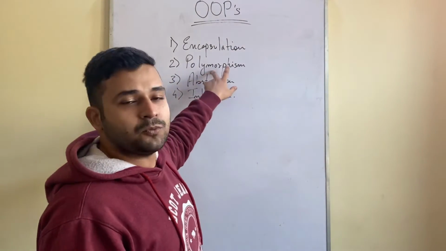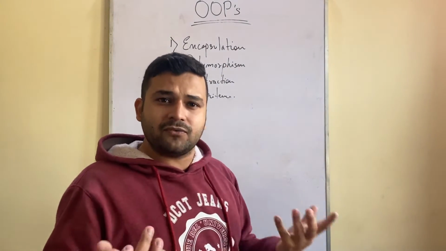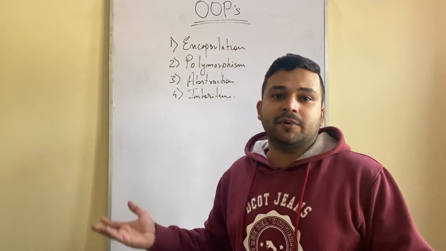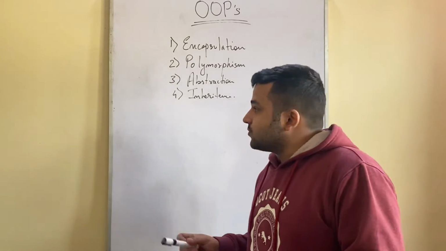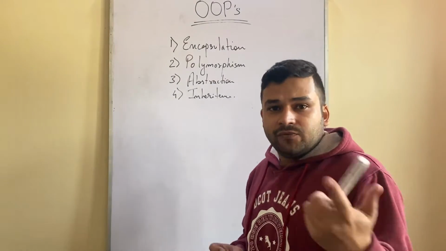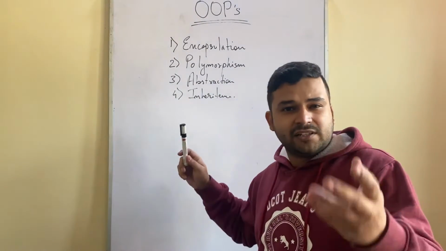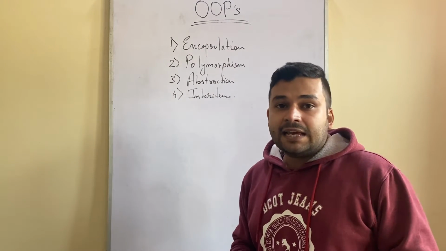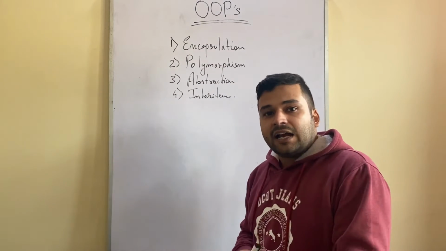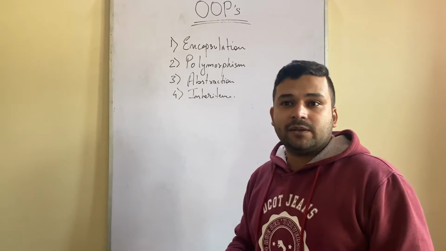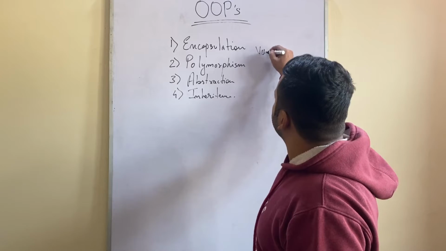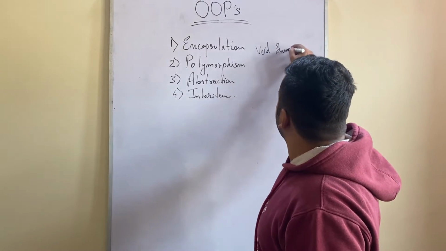Now, when we come to polymorphism, what does this word mean? Poly means multiple. In C, especially, we do not have polymorphism. Polymorphism means we can use a similar kind of thing twice or multiple times. Suppose we have a method called sum.